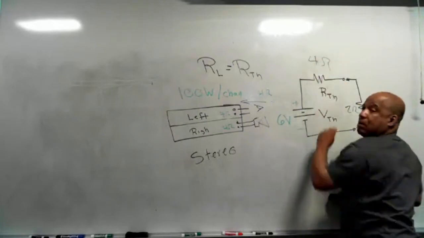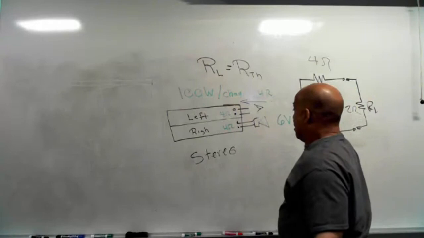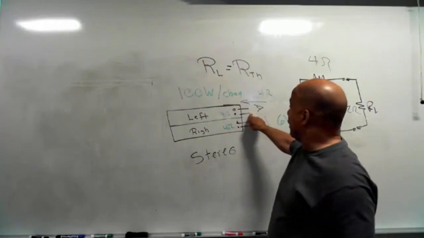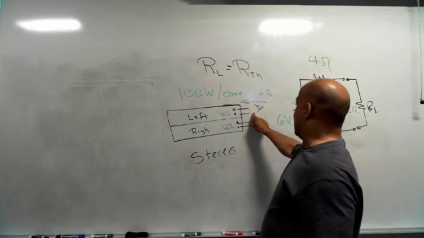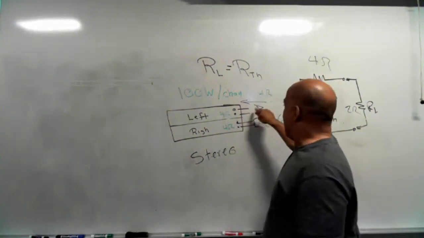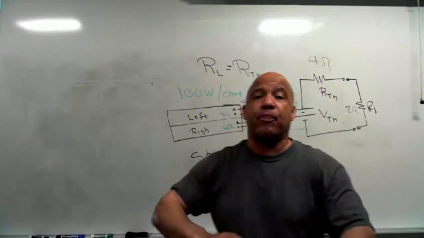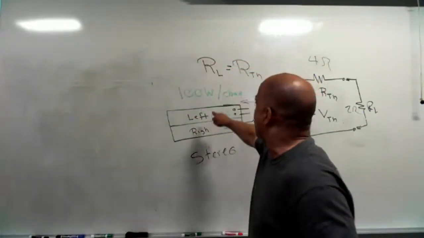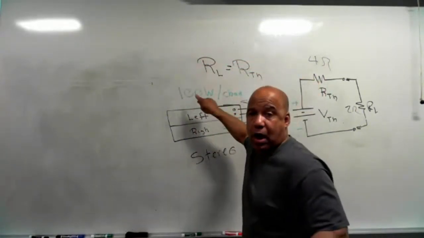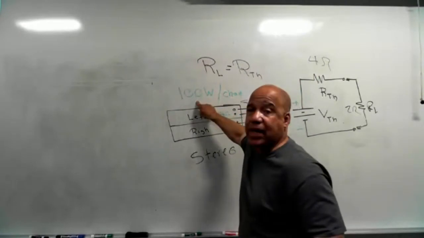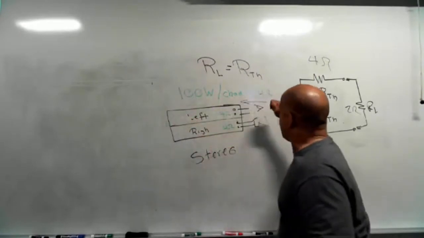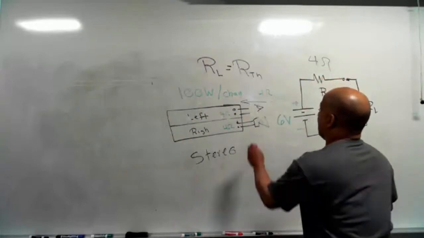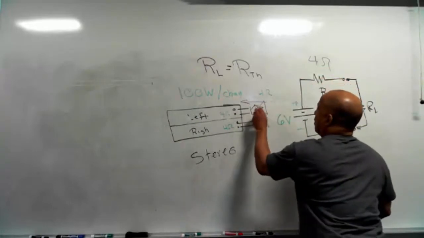is 4 ohms. Now, you can hook up whatever ohmic value speaker you want. You can hook up a 20 ohm, you can hook up a 100 ohm, you can hook up a 1 ohm. You can hook up any ohmic value you want. But if you want maximum power, you want all of this 100 watts, or most of this 100 watts, to go from the amplifier to the speaker, and that speaker has to have what ohmic value? 4.